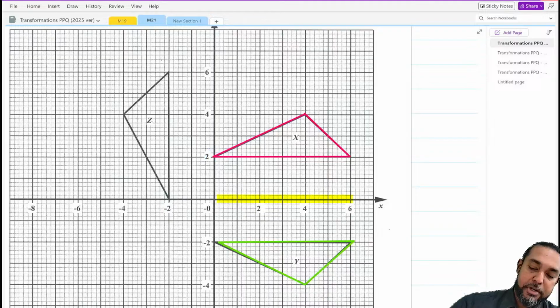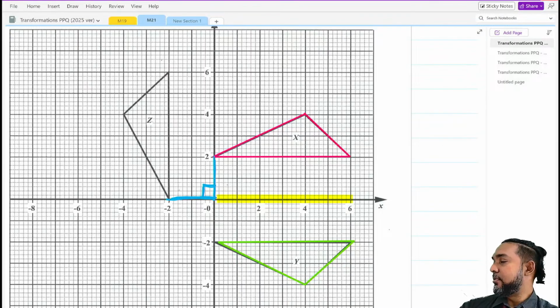If I connect the two points, most of the times the center of rotation would be the origin. So if I join that point to the origin with a straight line, and I join the other point with a straight line, what angle does it look like is being formed between those two lines? 90 degrees. Now that's assuming a lot of things, right?